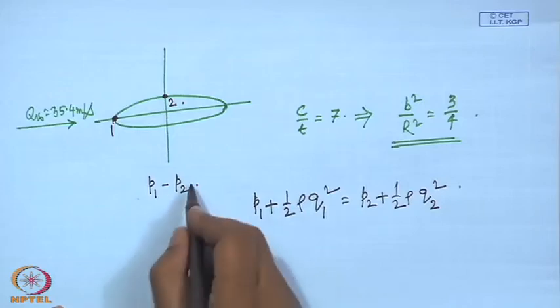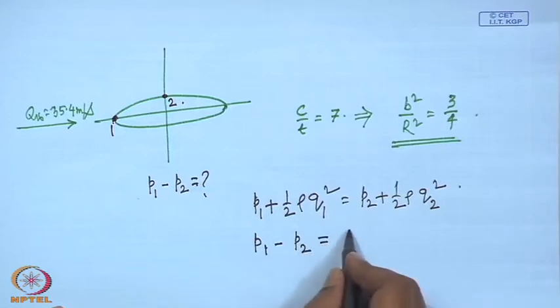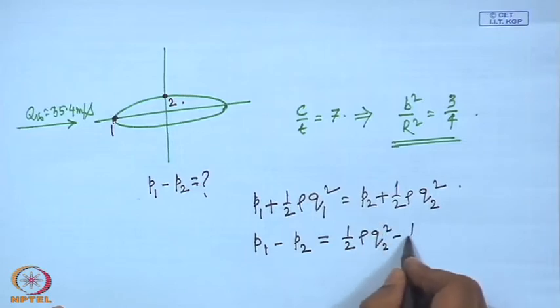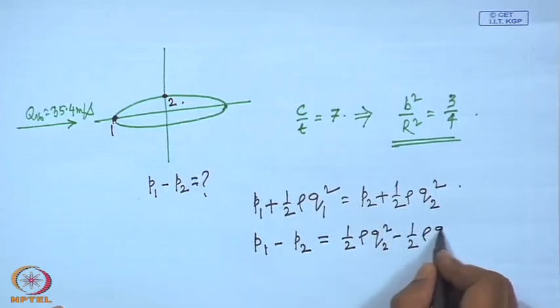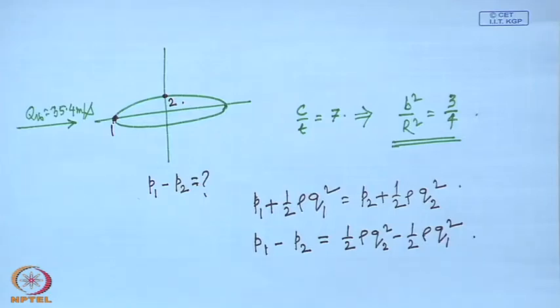So, what we want in essence is P 1 minus P 2 equal to half rho q 2 square minus q 1 square. Now q 1 is 0, that is the stagnation point.